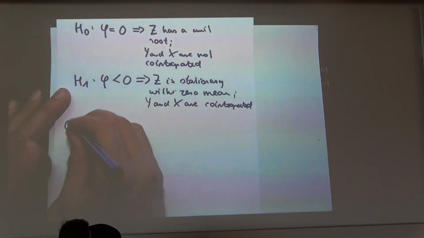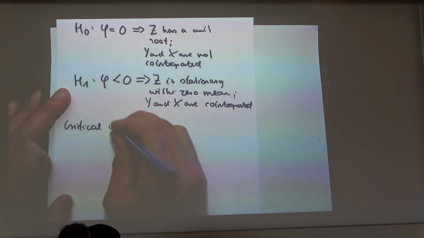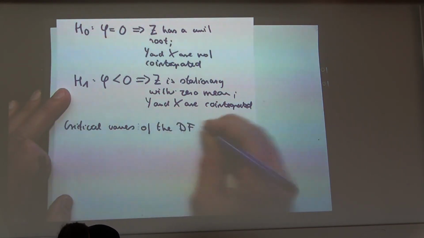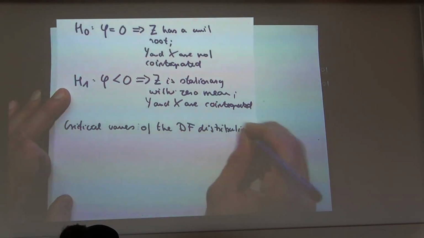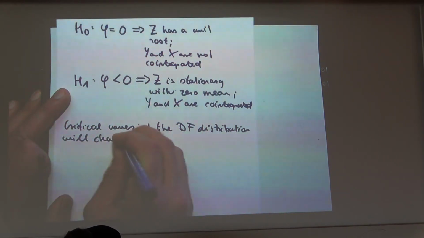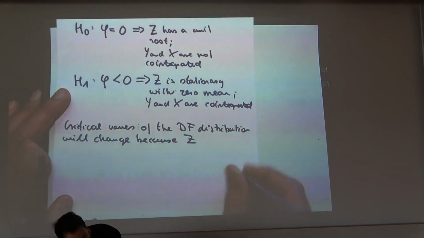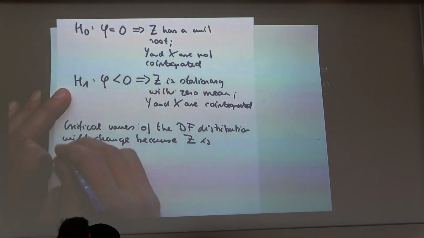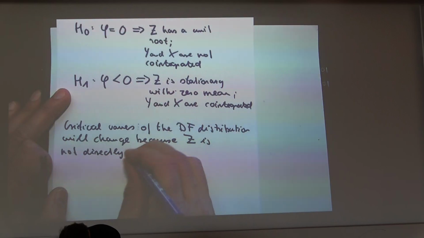But the critical values of the Dickey-Fuller distribution will change, because basically the equilibrium error is not directly observable.